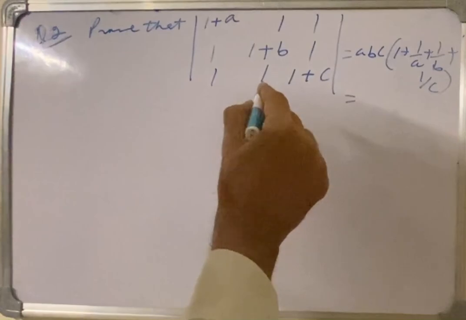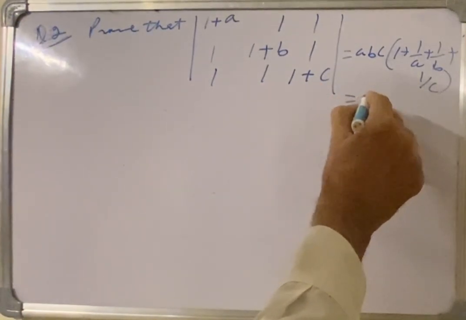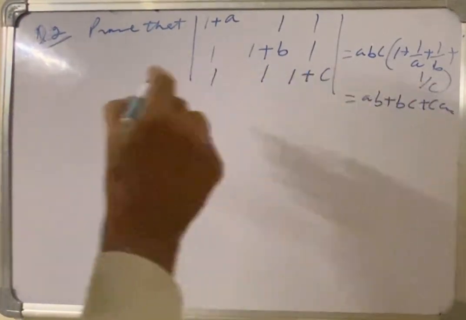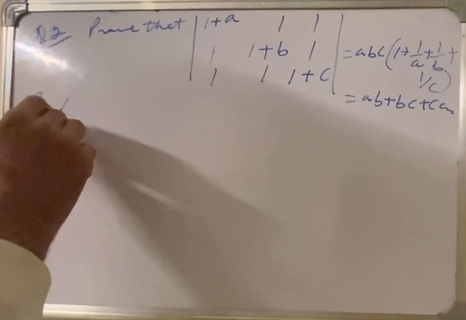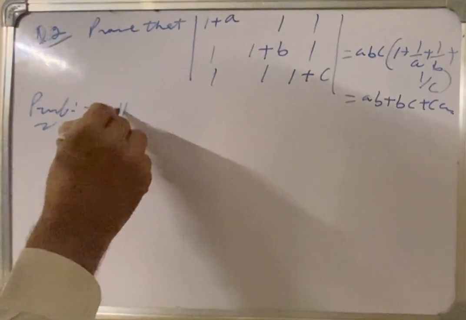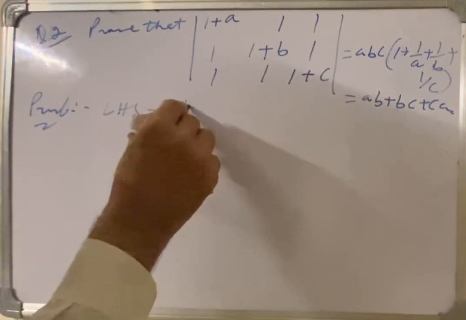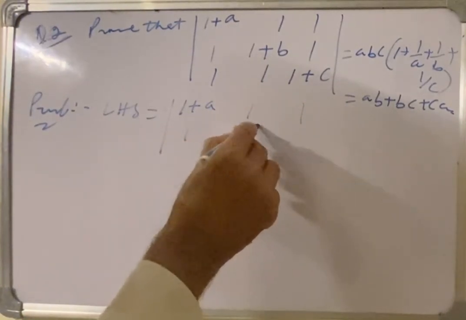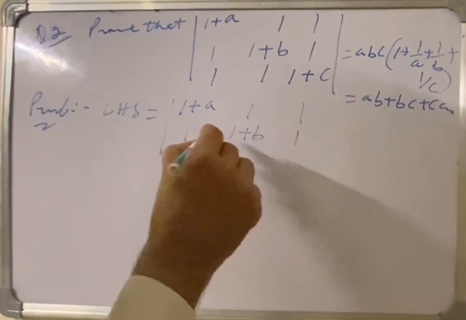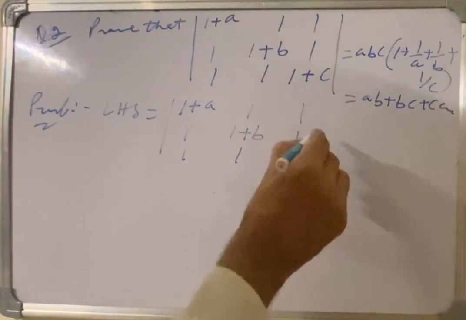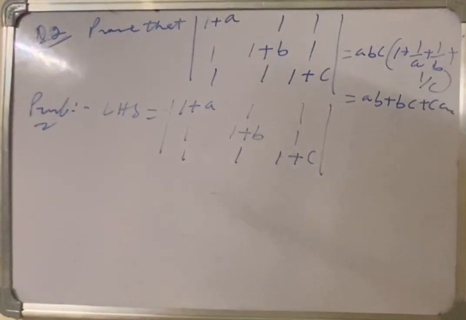which is equal to ab plus bc plus ca. Prove: left hand side is 1 plus a, 1, 1 in the first row, 1, 1 plus b, 1 in the second row, then 1, 1, 1 plus c is the third row.